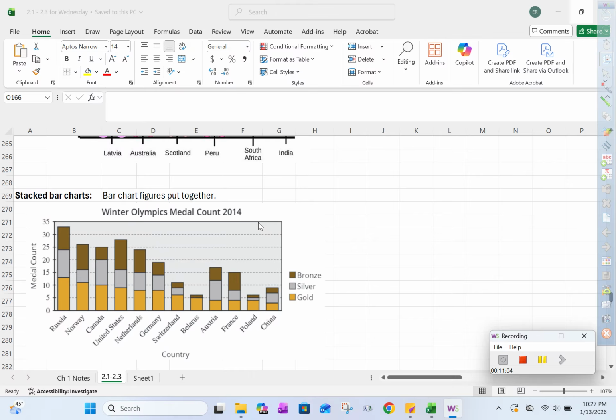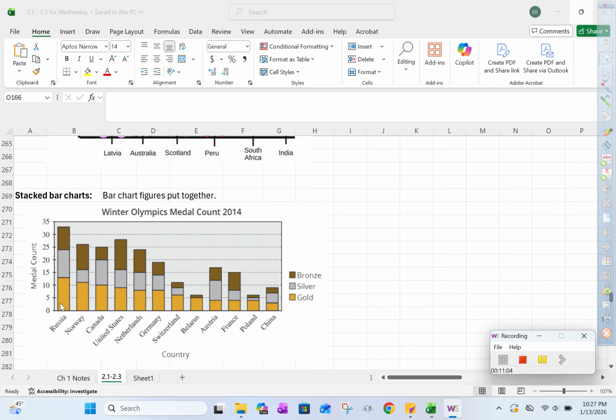All right, just to be able to interpret some different types of charts other than the ones we've been working with so far, I wanted to show you some stacked bar charts. This allows us to compare different categories within a specific organization.